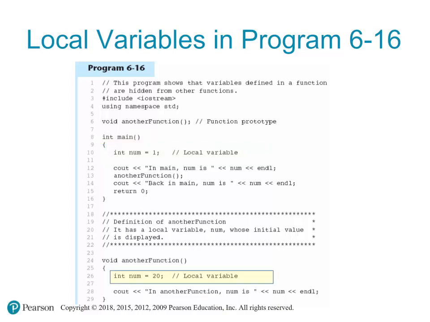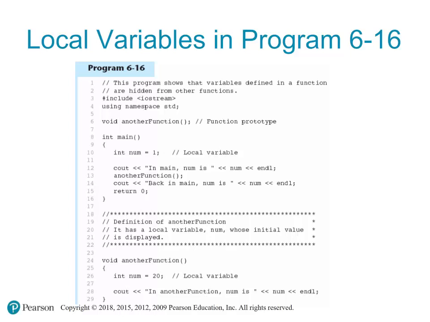The variable num is also defined in anotherFunction and initialized to 20. It is only accessible within anotherFunction. The num in main and the num in anotherFunction are two distinct variables. Each is confined to its own function and is not accessible from the other function.